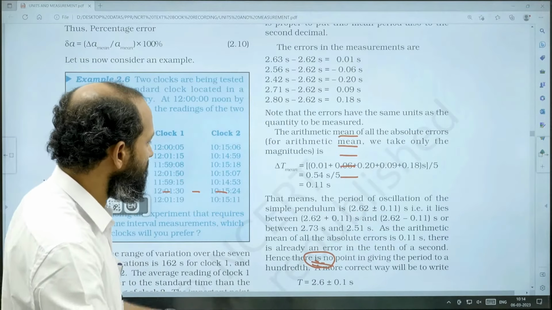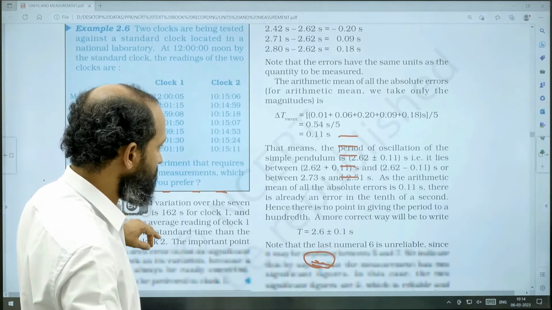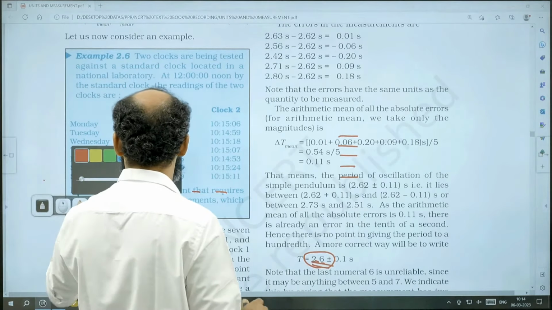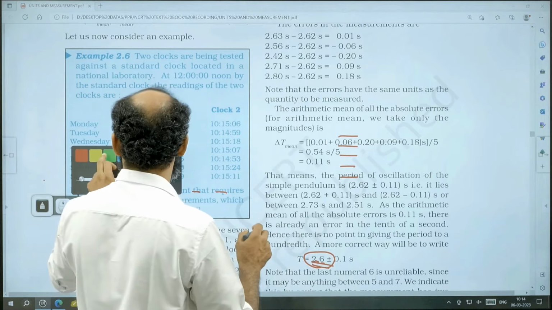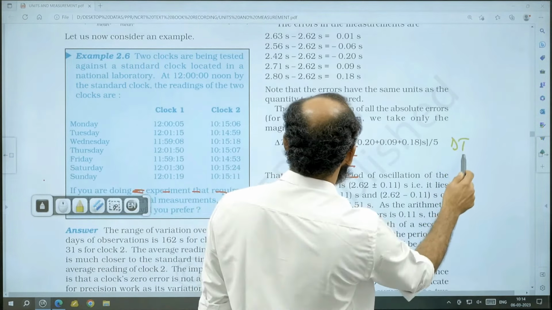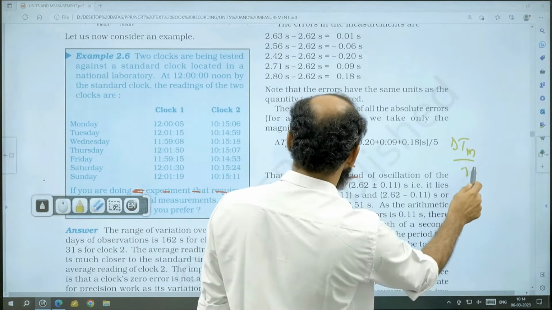How to express that in percentage? It's not expressed here. Let us express it in percentage. For that we can use delta T mean divided by T mean.